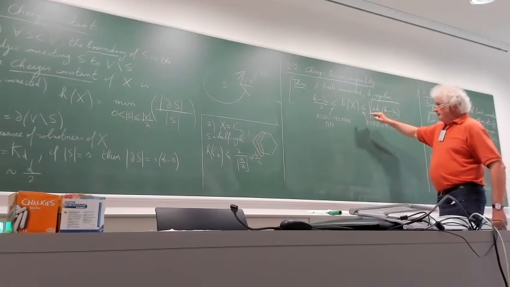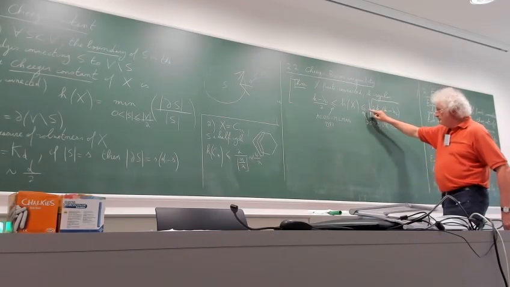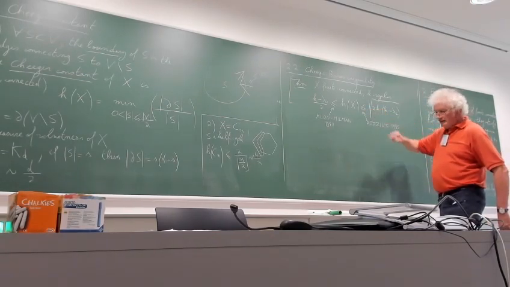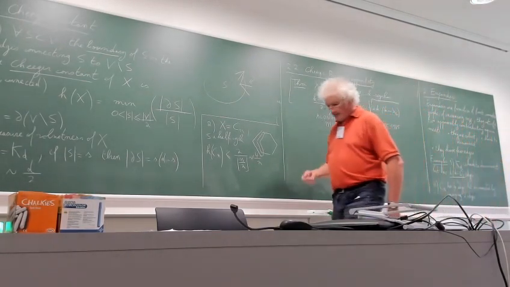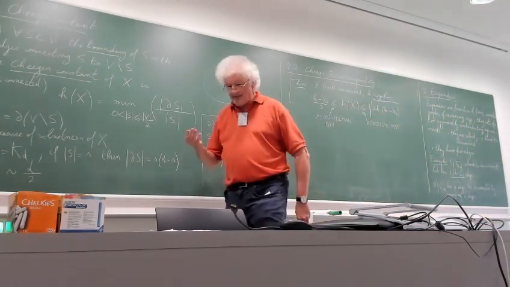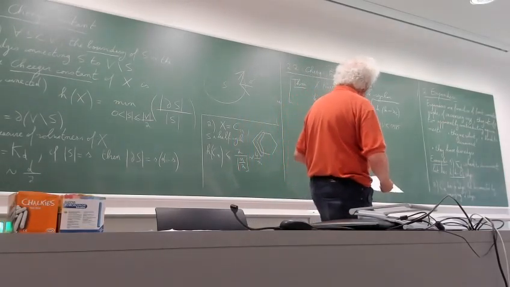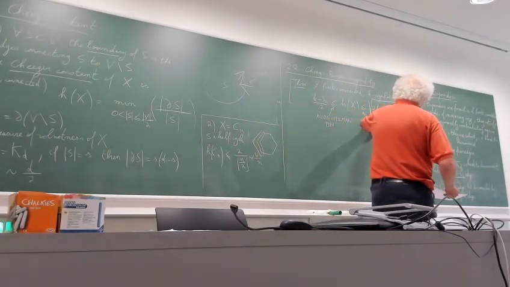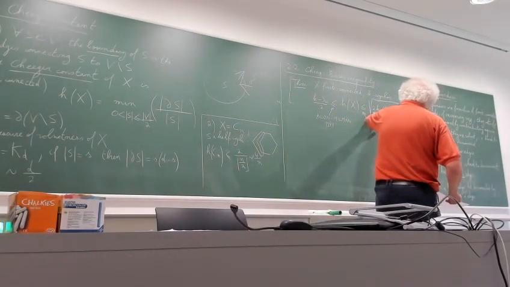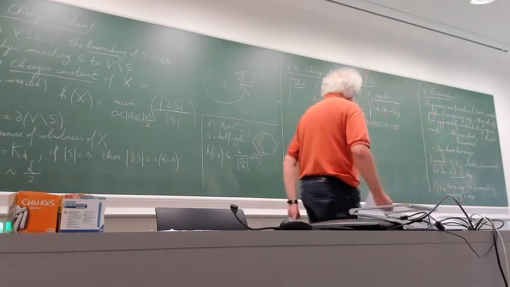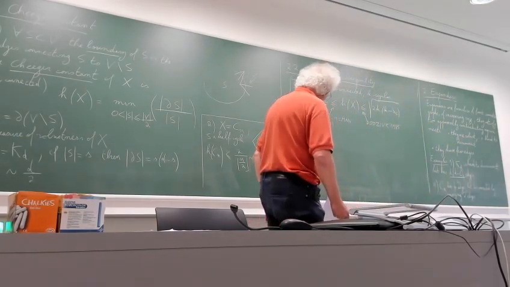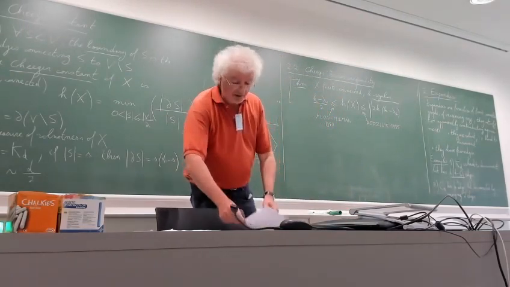And some years later, Peter Buser proved an upper bound. In the Riemannian case, it's more complicated because it involves some bound on the curvature, if I remember correctly, on the Ricci curvature of the manifold. But that's why it's called Cheeger-Buser.